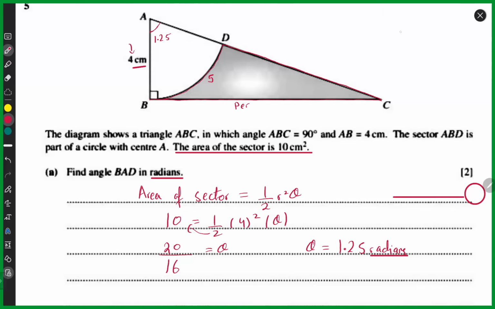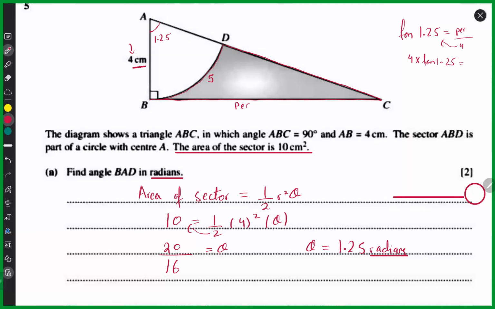So I can use tan 1.25 is equal to perpendicular divided by base. So 4 multiplied by tan 1.25 is going to give you the final thing.